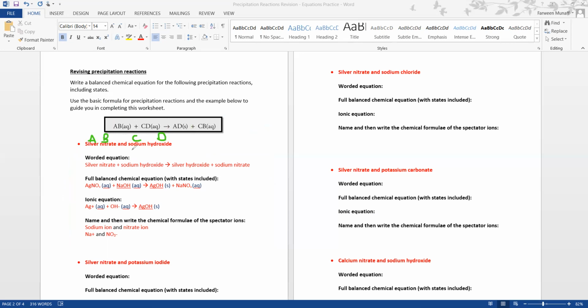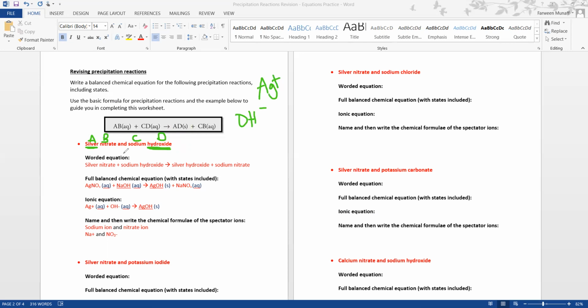According to our formula, the positive ion associated with the element here, that's A, which is silver, gets attracted to the negative, which is hydroxide. Remember, hydroxide has an OH minus charge, and silver is Ag plus. So they get attracted to one another, and there's a kind of swapping that occurs.